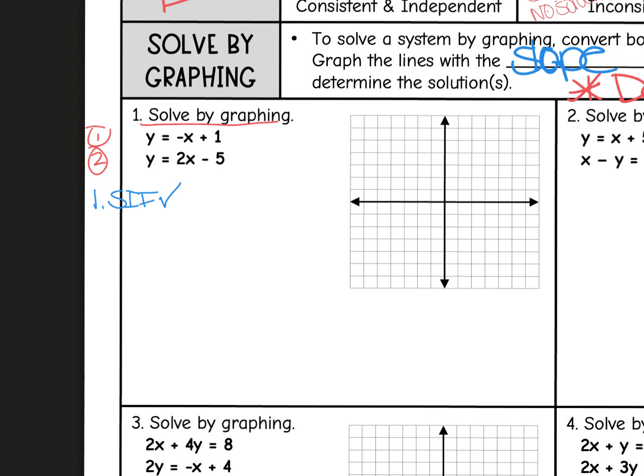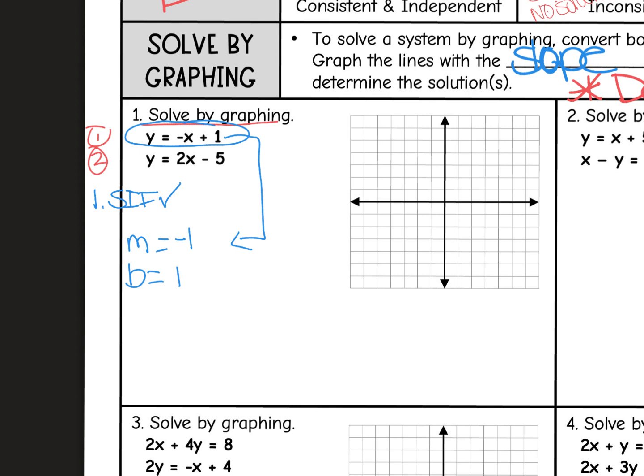So I'm going to graph this first line, and I'll use different colors so you can see it. I'm going to identify my slope is -1, my y-intercept is 1, and now I'm just going to graph this particular equation, just this one here in blue.